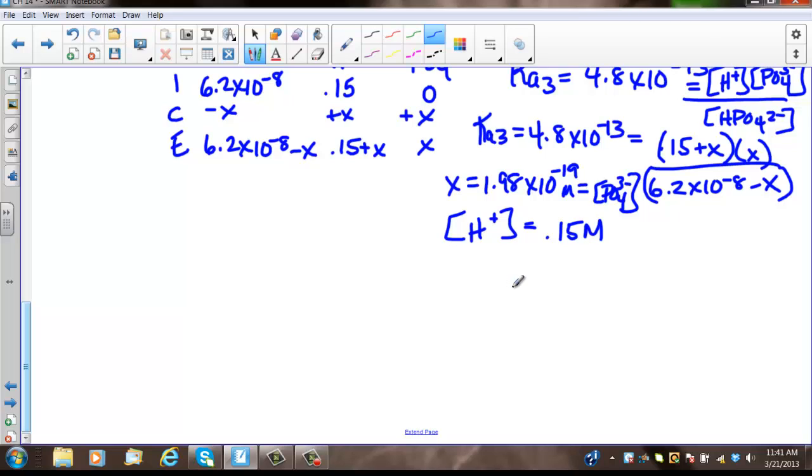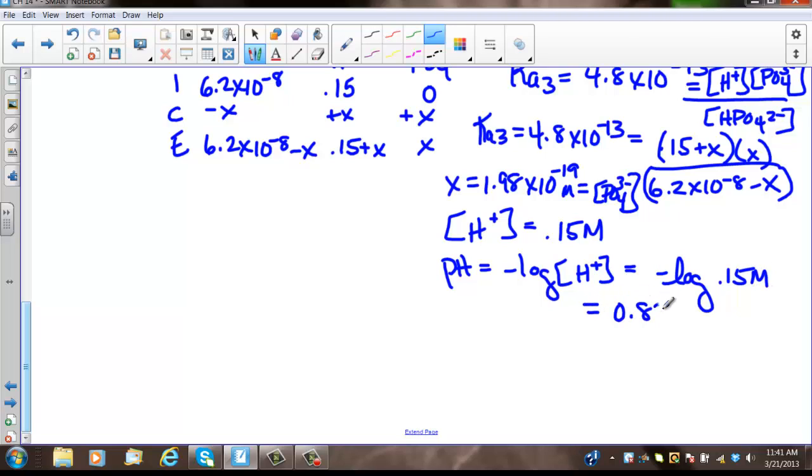Now, they want the pH, so we're going to take the pH is equal to the negative log of the H concentration, which in this case is the negative log of 0.15, and that's going to equal 0.82. So there's my pH.